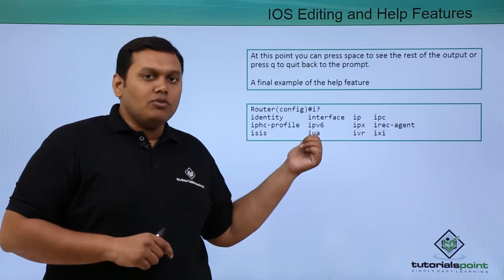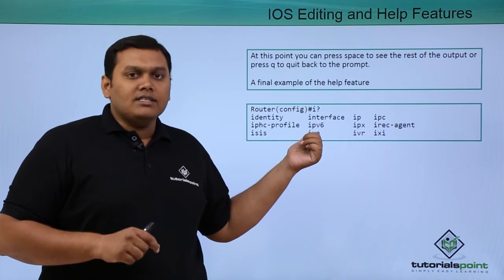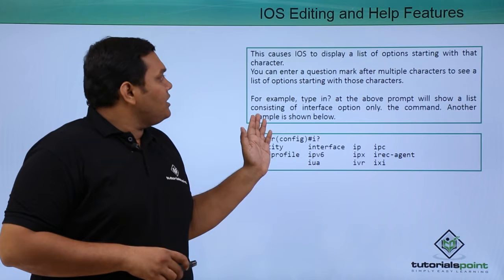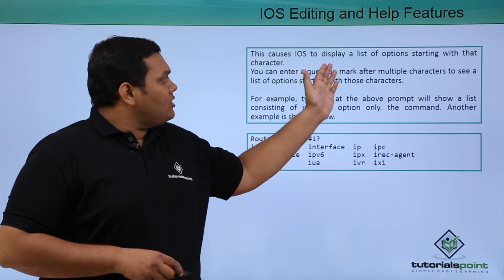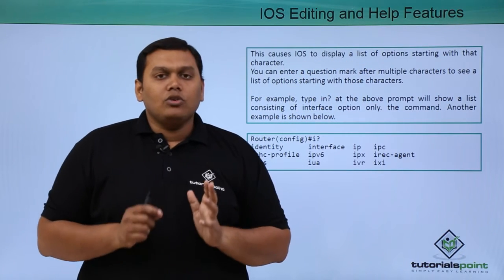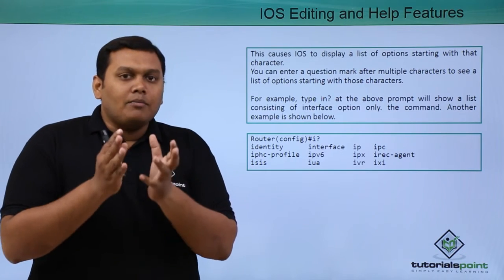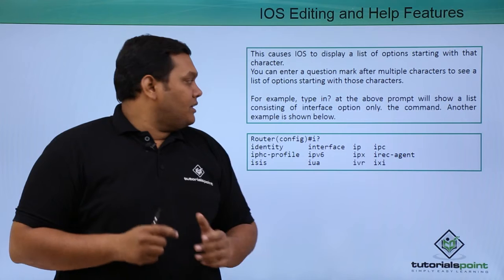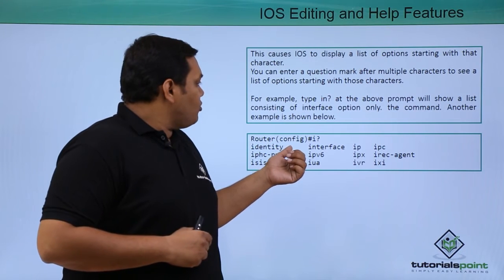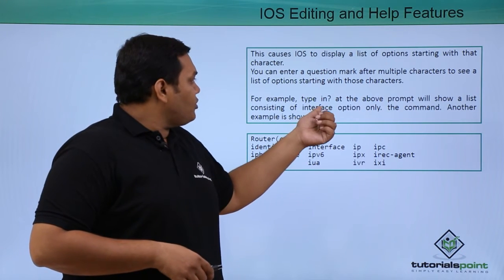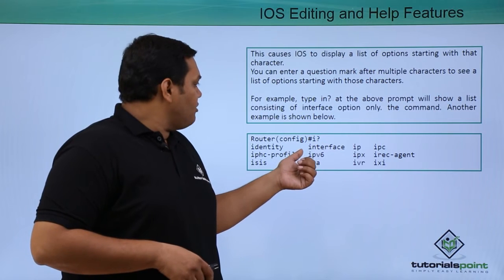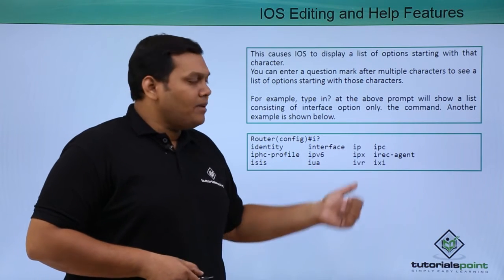You can choose one from it by moving the cursor and pressing enter. This causes IOS to display a list of options starting with that letter, the list of commands starting with the alphabet. Also, in the configuration mode, you can see clearly in the example that when you type I and enter, it gives interface, identity, IP, etc.